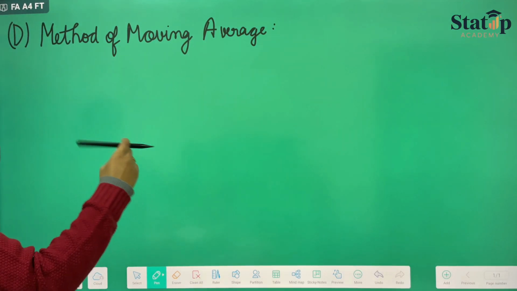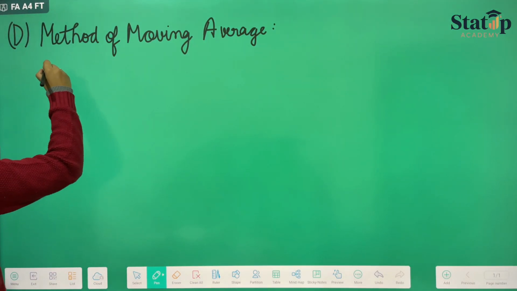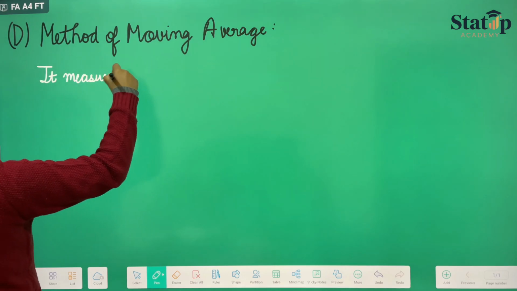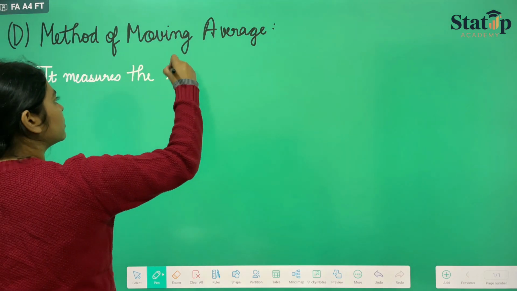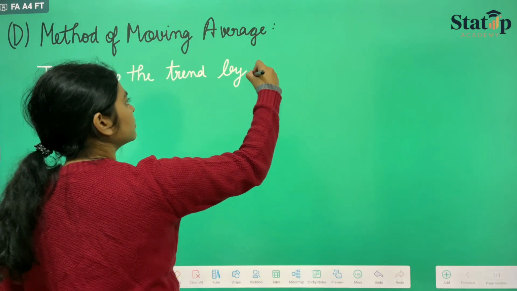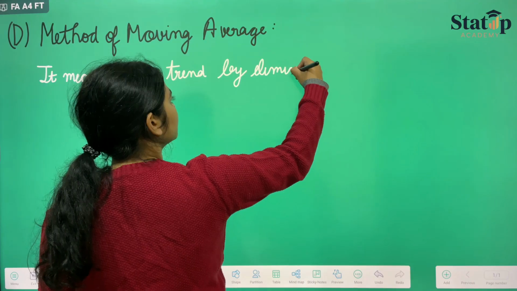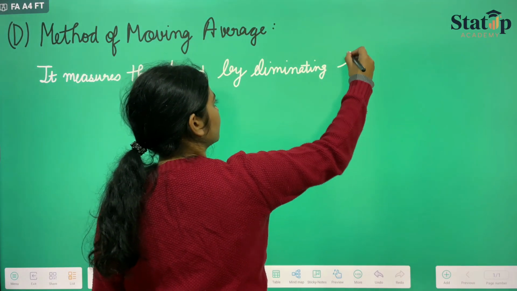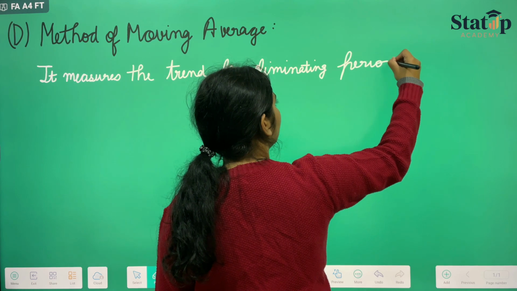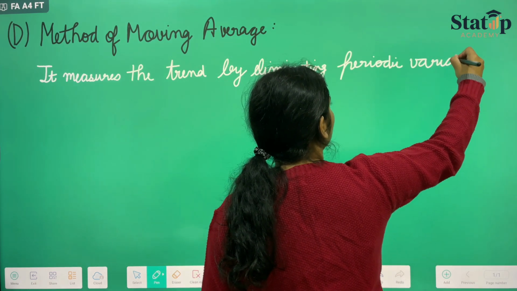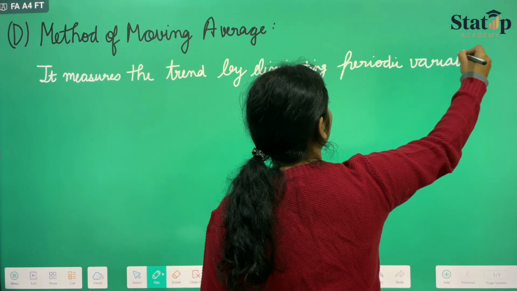The most important concept of moving average method is it measures the trend by eliminating periodic variations. Here we eliminate periodic variations, which are nothing but there were two periodic variations.